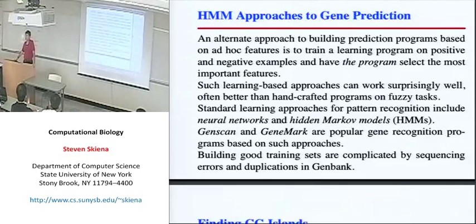Sequence proteins, yes. But the code is degenerate, so that multiple codons may code for one particular amino acid in the protein, multiple triplets. Okay, so the question is, what about protein sequencing?